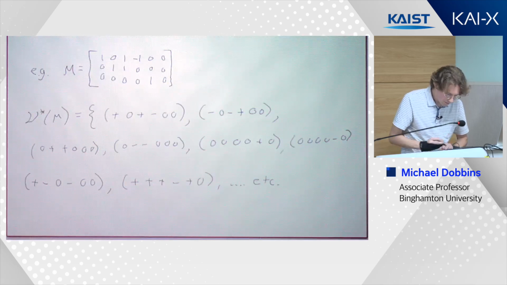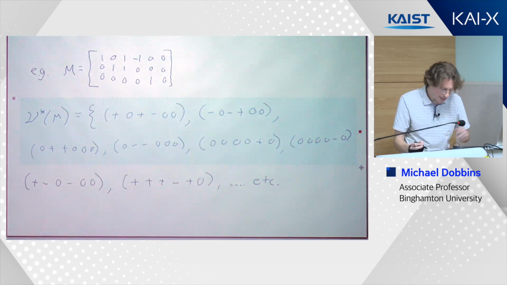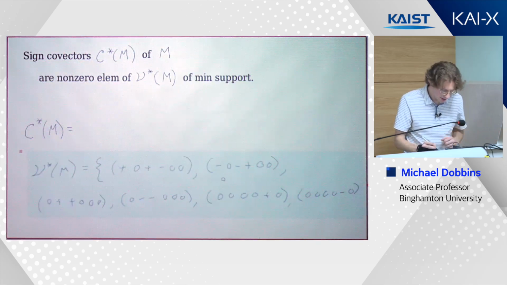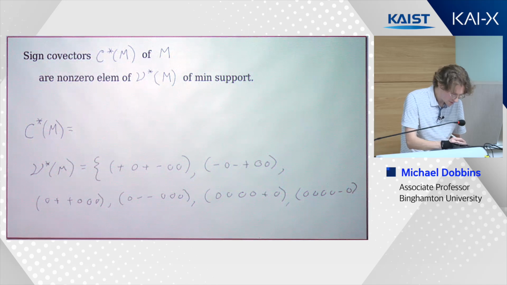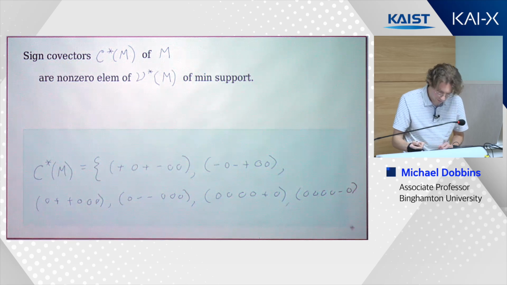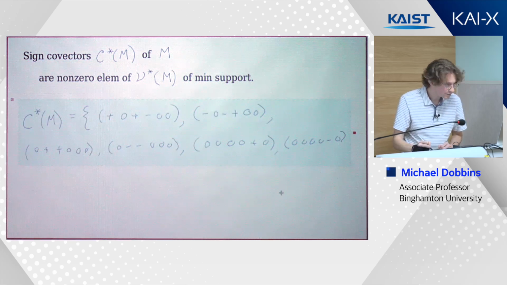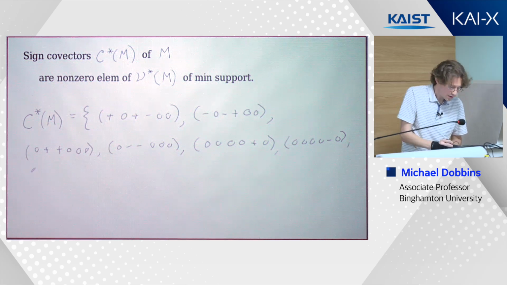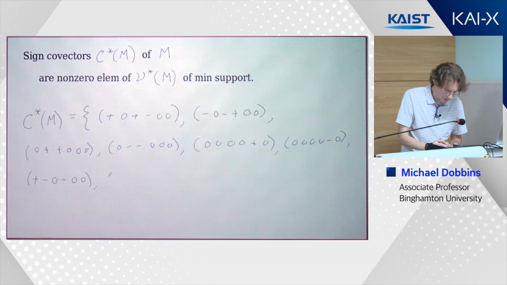So actually, each of the rows of this matrix will in this case be in this set. But there is a little bit more than that. The only other ones I have are these two.